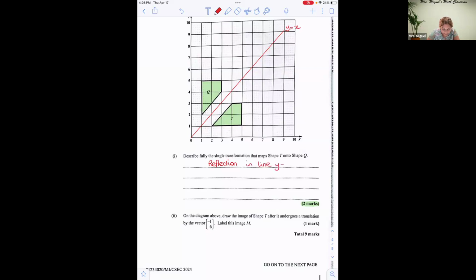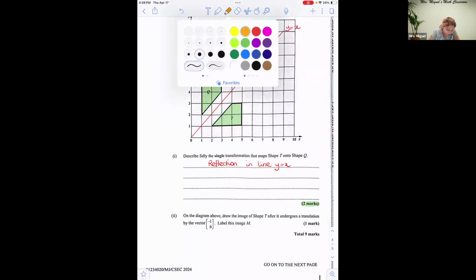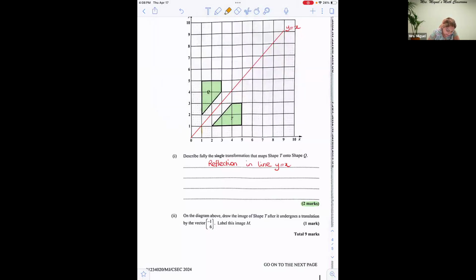And you're probably asking, well, what is the line y equal to x? The line y equal to x just shows that x and y have the same value. So let me show you. Here x is 1, y is 1. Here x is 2, y is 2.